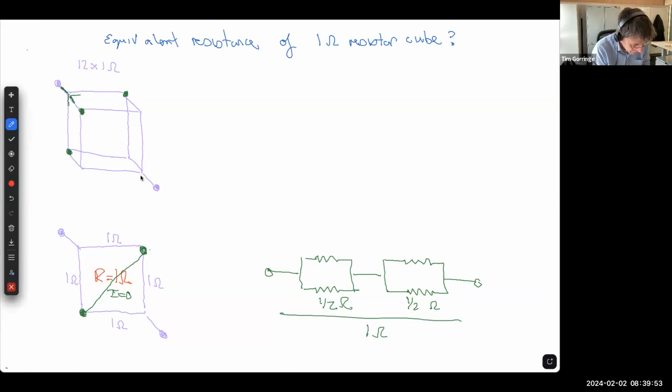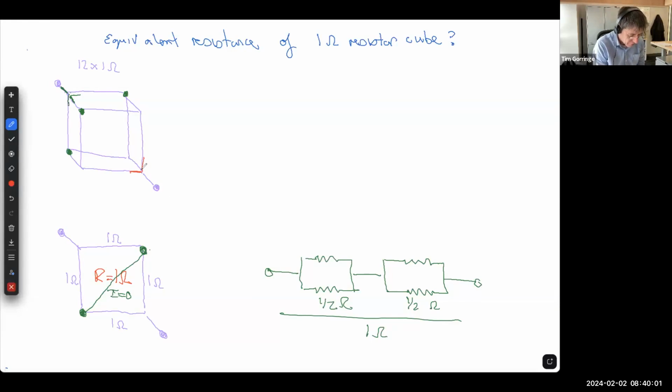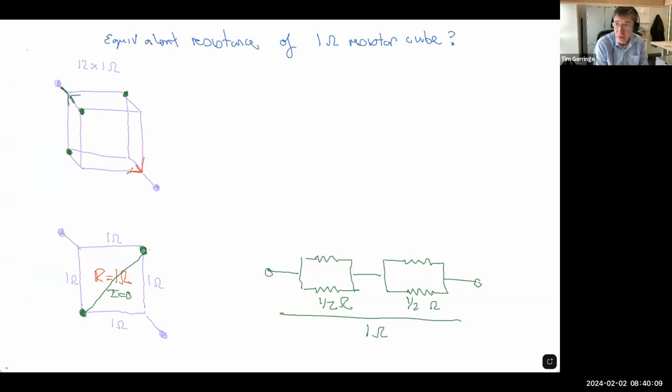This terminal gets current that's coming in through this bottom wire here, through this wire on the right and at the front here, and also from this wire here. So it gets current flowing in from these three paths. Now, again, because of the symmetry, these three currents are the same. They're 1/3, 1/3, 1/3 of the total current, because this is a symmetric arrangement of 1 ohm resistors.